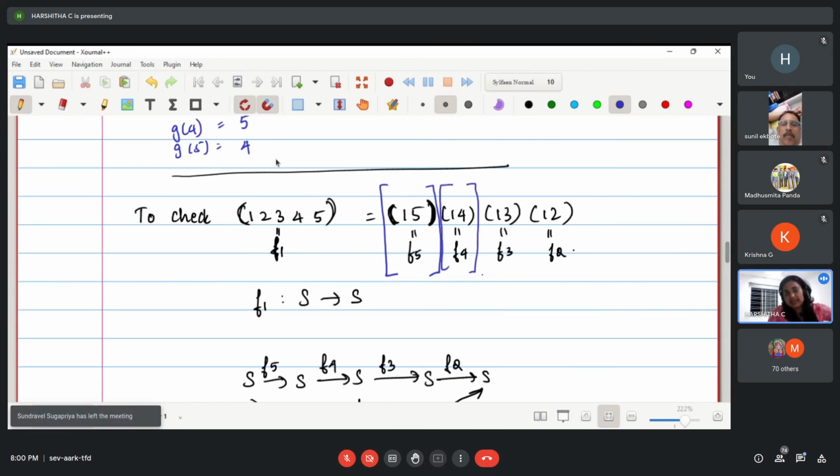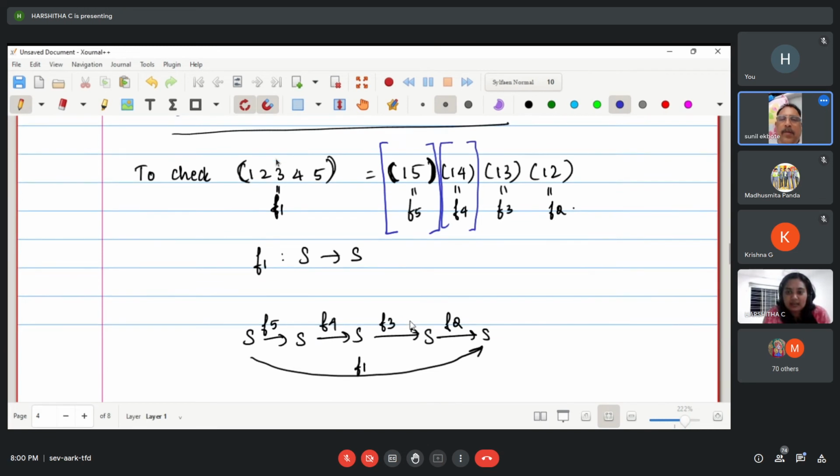So when we say that we have to check that this cycle 1, 2, 3, 4, 5 is equal to cycle 1, 5 into 1, 4 into 1, 3 into 1, 2, what it means to say in terms of functions is this composition is same as F1. That's all is what I said. Okay. Got it. Thank you.